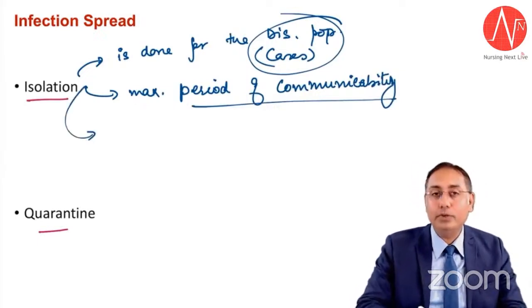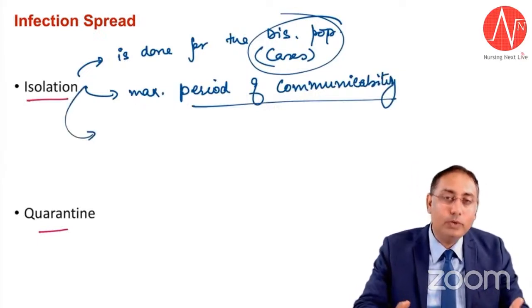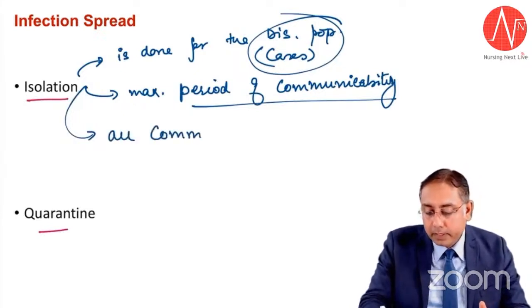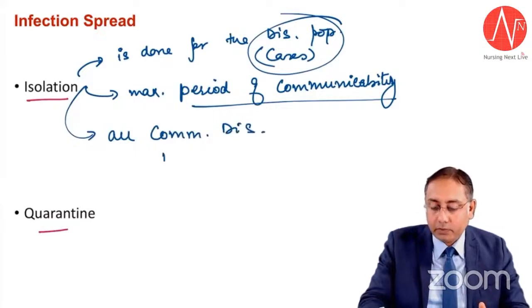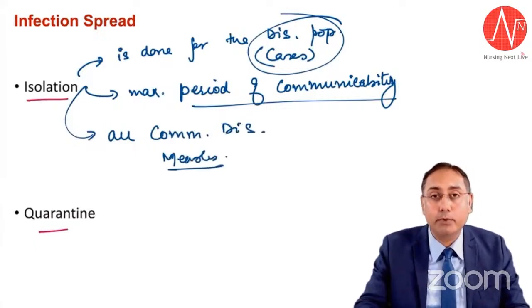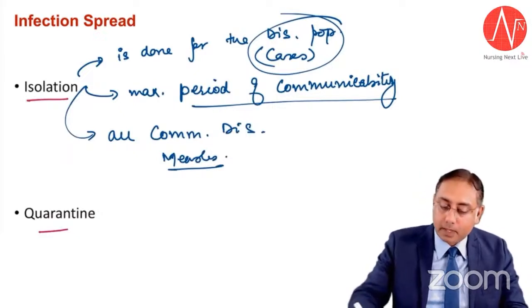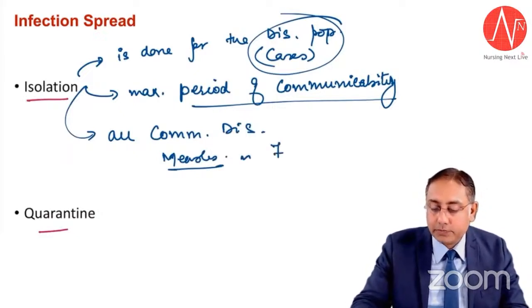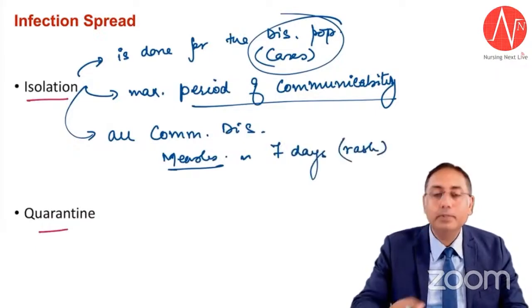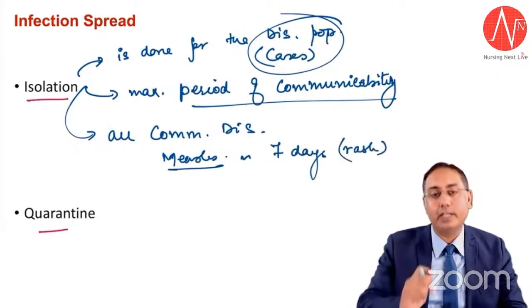Primarily, isolation is for all communicable diseases, specifically talking about measles. You have to do isolation because there is an airborne mode of transmission. Measles, usually it is for 7 days after the onset of rash. So from the day of the onset of rash, for 7 days.